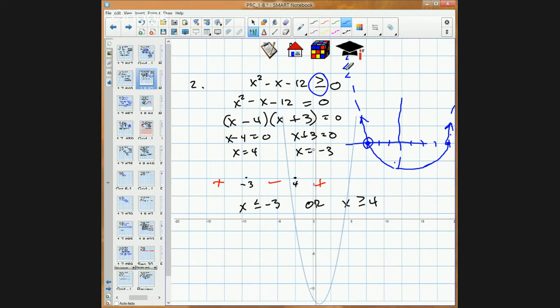Let's do D. X equals -3. Does that work? Well, you can see on the graph it does. It is on the x-axis, and there's an equal sign here, so we're good. But let's plug it in and try. -3 squared is +9. And what's 9 minus a -3? That actually becomes 9 plus 3, or 12.